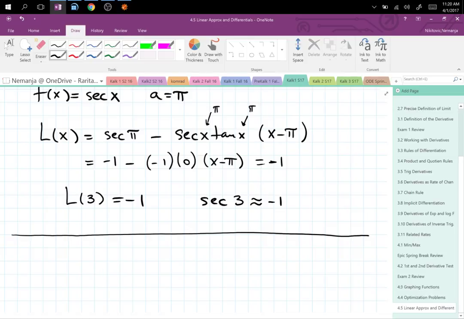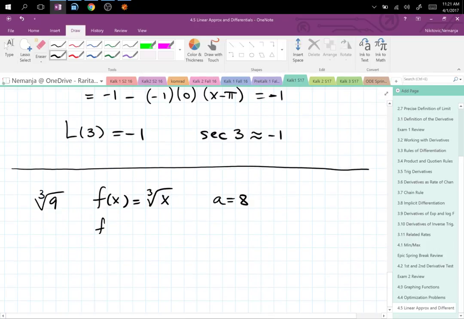Do we want the cube root? You want a cube root? Okay, let's find the cube root of 9. So what's the cool value? 8. So f of x is equal to cube root of x, and a equals 8.